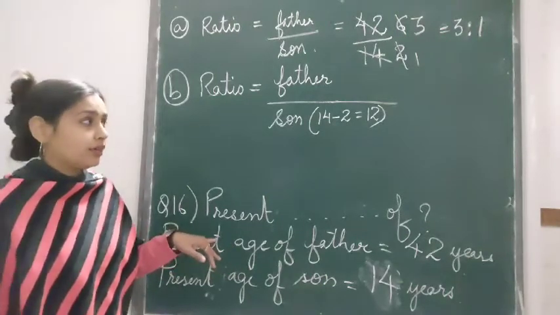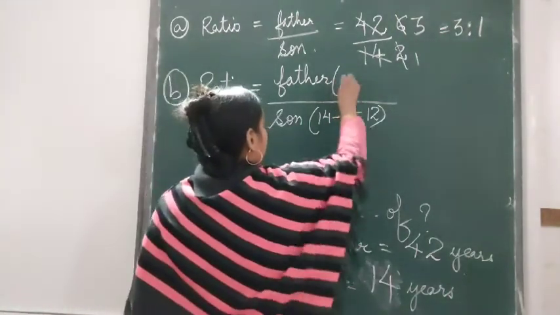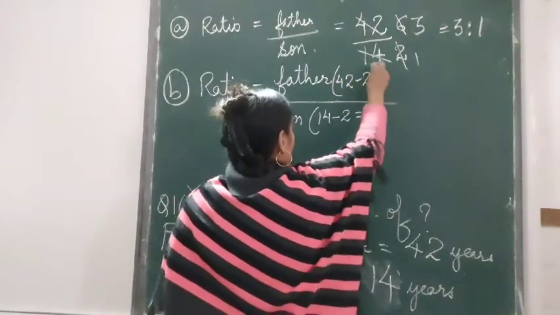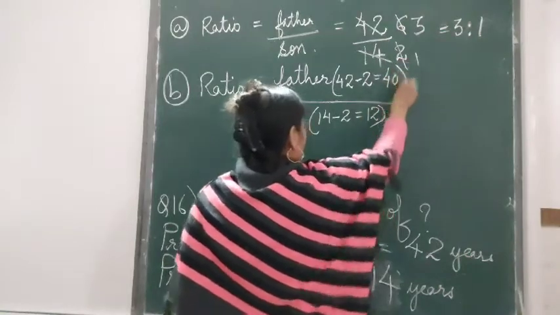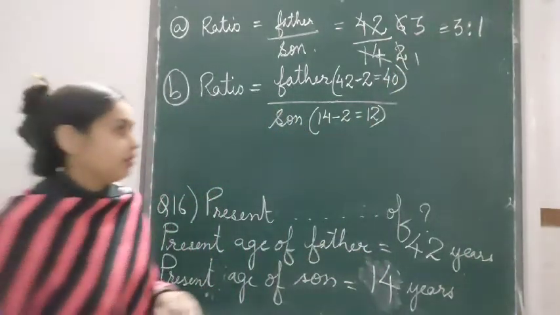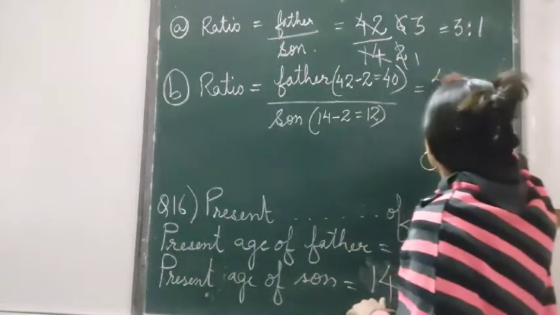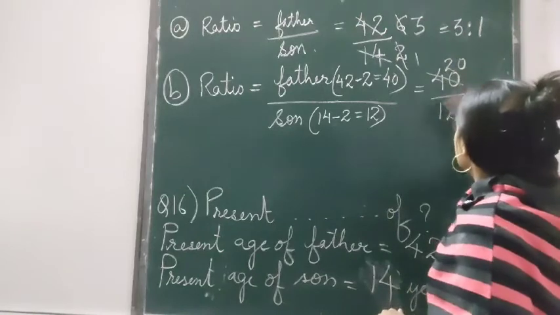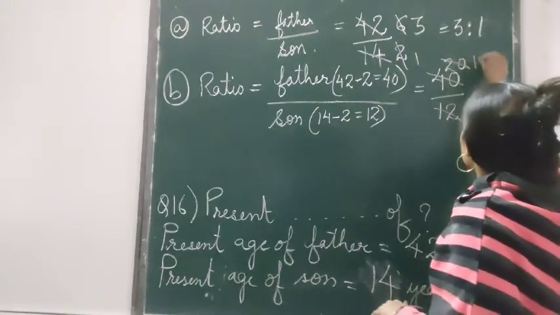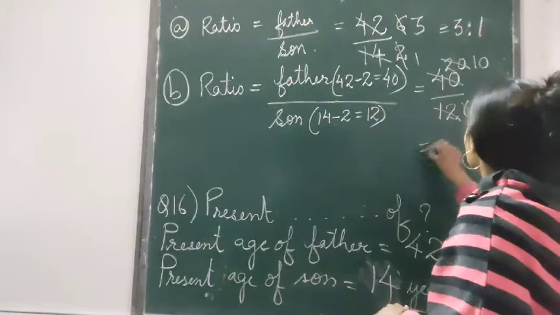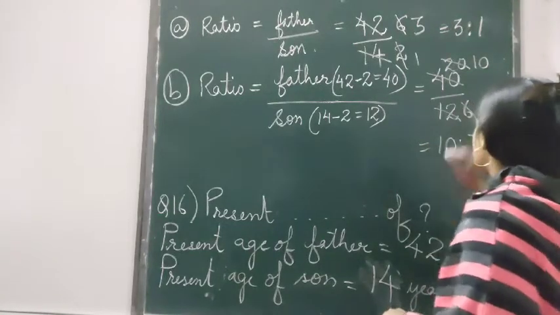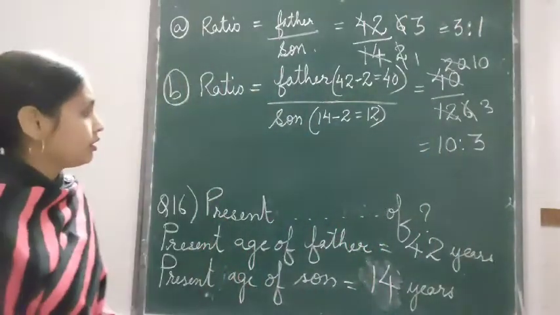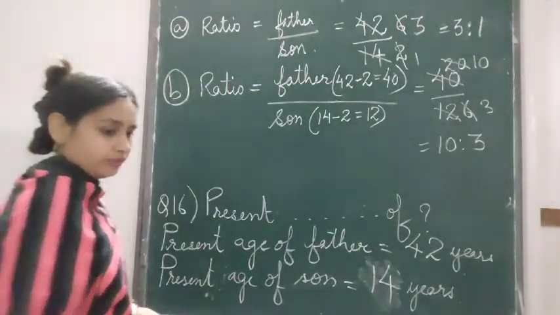He won't be 42 only, right? So here we will do 42 minus 2, which is equal to 40. Then we will find the ratio of 40 by 12. So 20 and 6. 10 and 3. So the answer is 10:3.